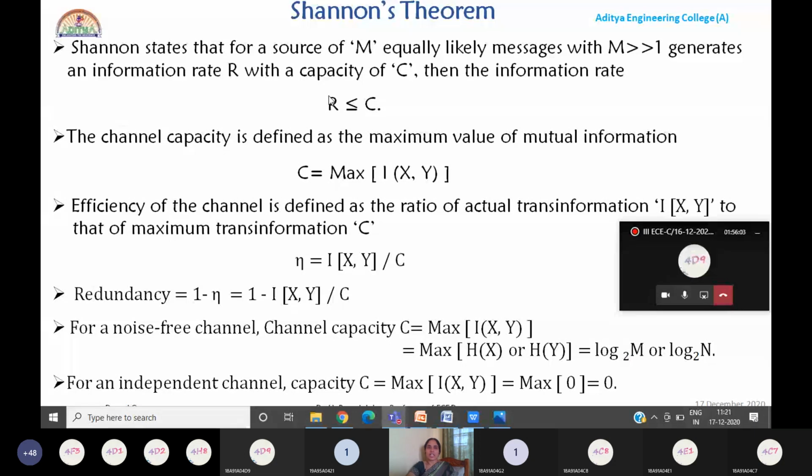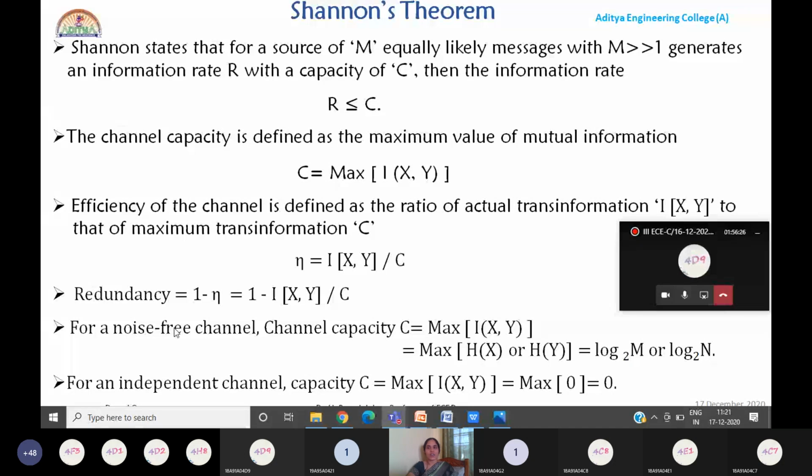You can define the channel capacity in 2 manners: by using Shannon's theorem and by using the maximum of mutual information. First define this by using this expression, and tell that this is valid only when the information rate is less than or equal to the channel capacity. First you should write these 2 points, and then you can jump to the properties directly.